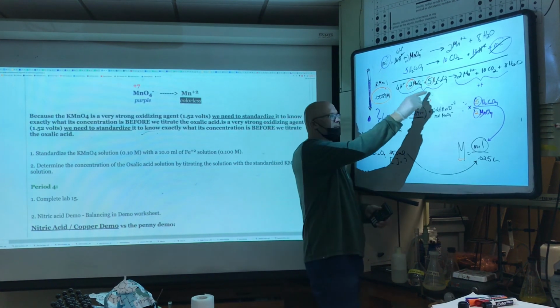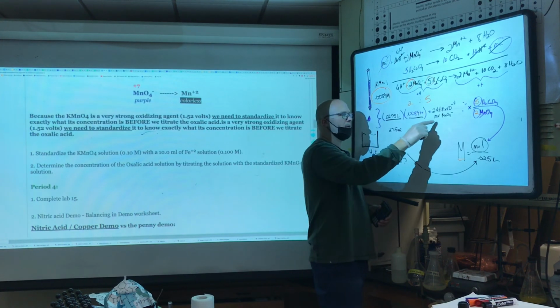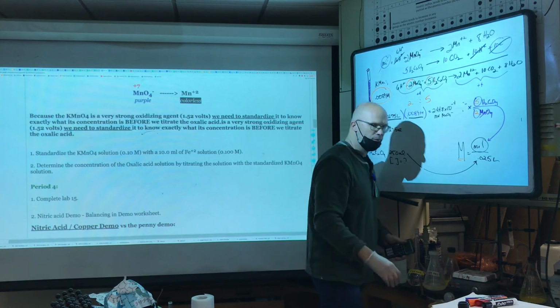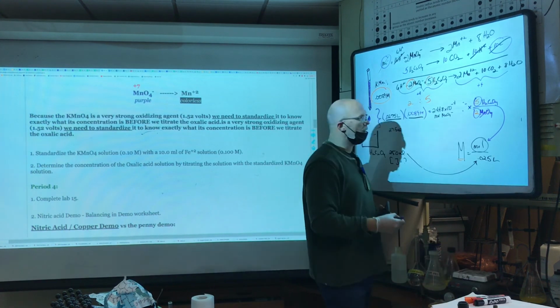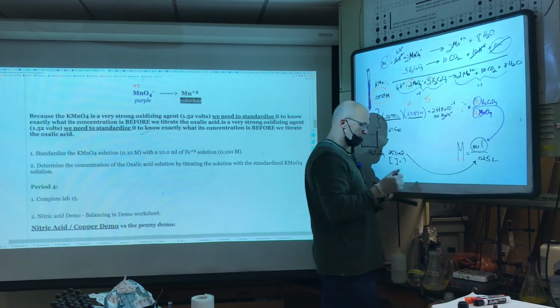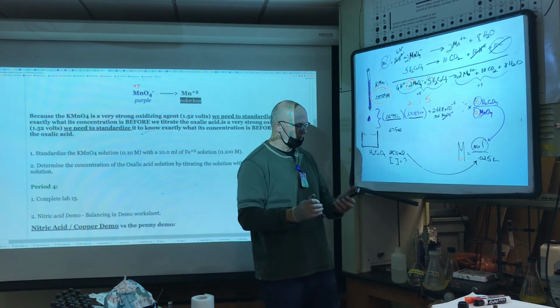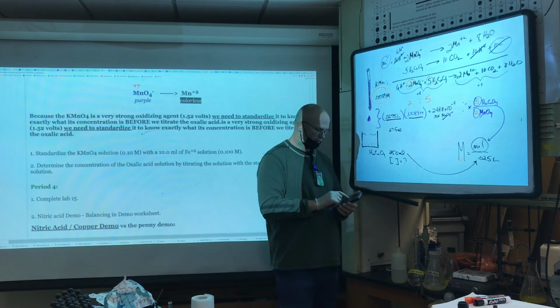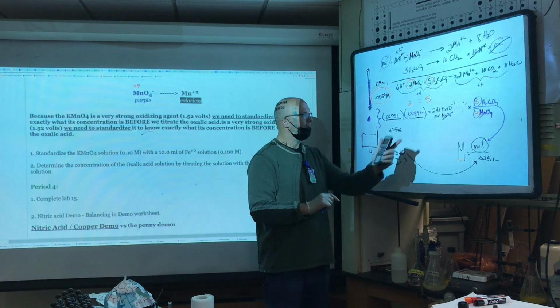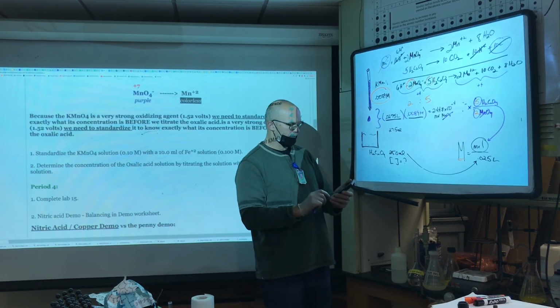Well, using the balanced redox reaction, if I got the moles of this, it's a 2 to 5 ratio. So I'm going to get rid of potassium permanganate. That's why the manganate ion's on the bottom. So I'm going to times that value of moles that I just got. I should have gotten 2.44. Looks like I cleared my calculator. Oh, there it is. Take that, times it by 5.